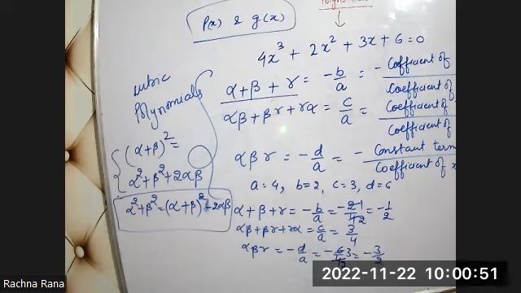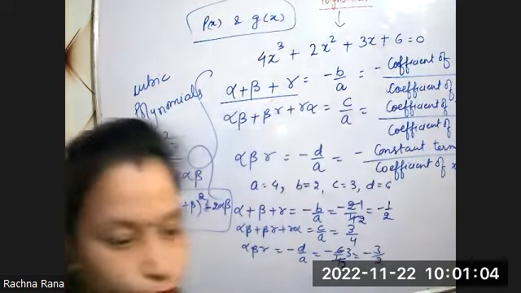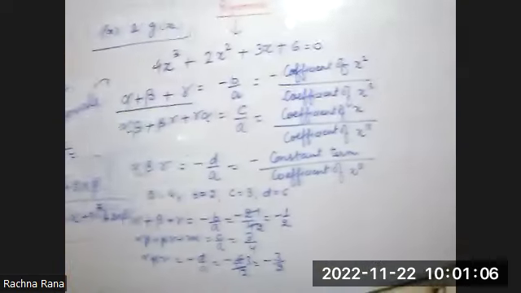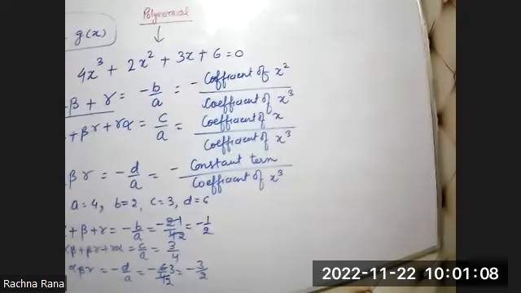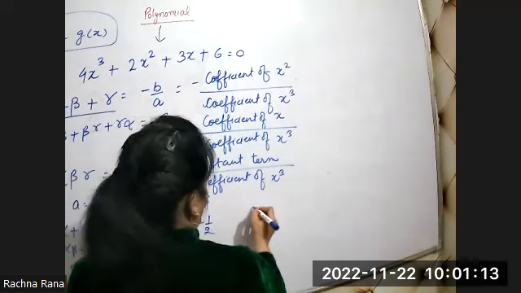Then we can say that p(x) is equal to g(x) multiplied by q(x) plus r(x). Here we implement this formula.